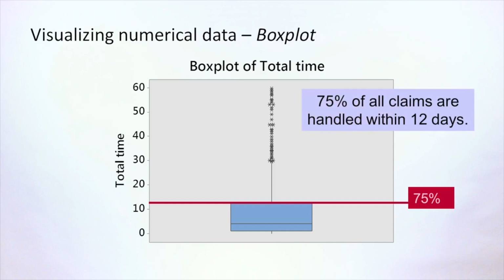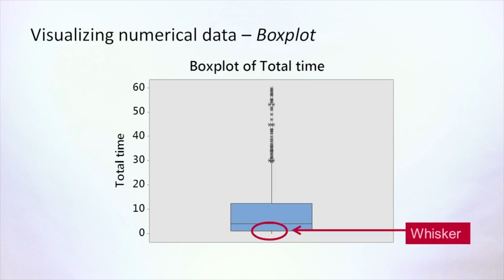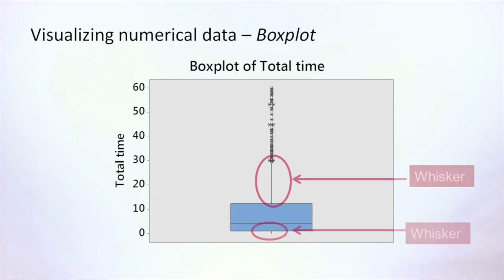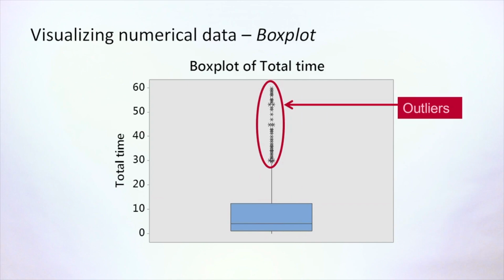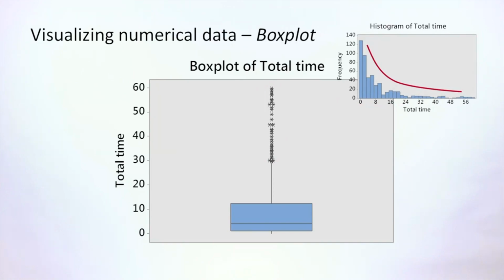So 75% of the claims is handled within 12 days. The box plot also shows a very short whisker at the bottom and a very long whisker at the top, as well as many outliers to the top of the box. This shows you that the distribution of this variable is skewed, which we have also seen in the histogram.